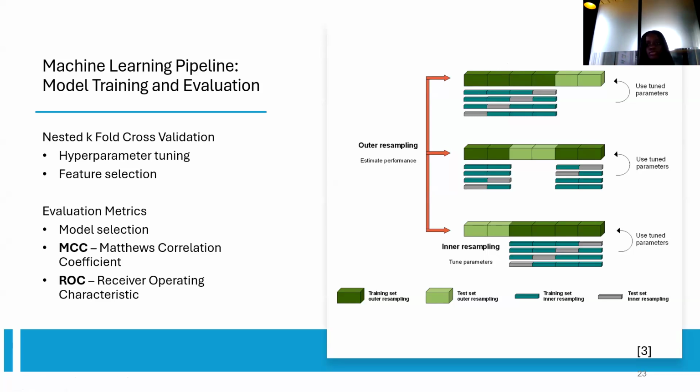We'll hold away 1 fold, the light green fold, as the testing part. And then we'll go into the other 2 folds which are left, and again split that data into 4 folds, which is why it's a nested cross-validation. So we split that data again, and we have another training and testing part.